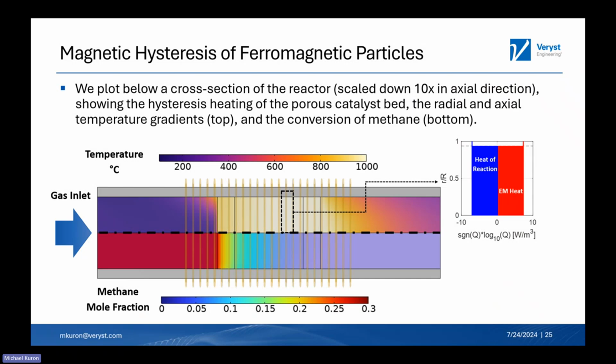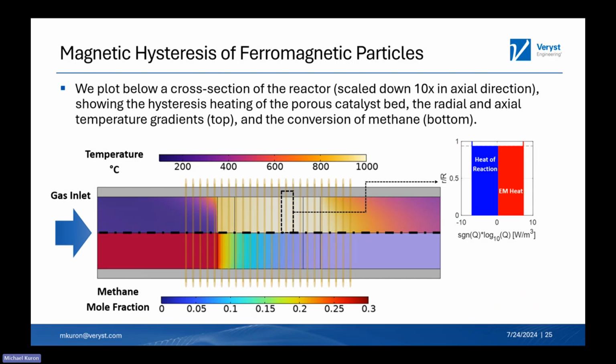On the top-hand side, we can see that the thermal gradients have further improved. The temperature is almost uniform, both axially and radially within the catalyst region. The reason is we're generating heat in a distributed manner. The susceptors are distributed, and anywhere that there's a susceptor, we're generating heat in response to that magnetic hysteresis loss.